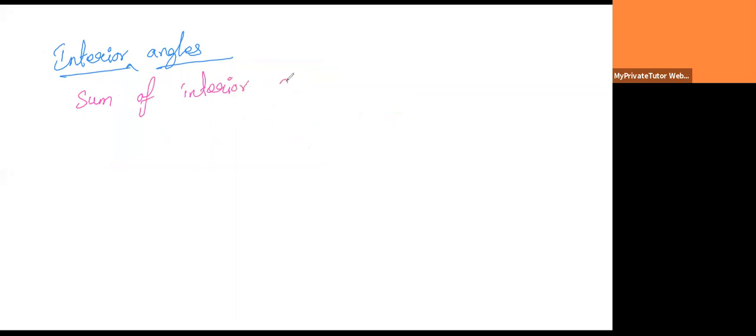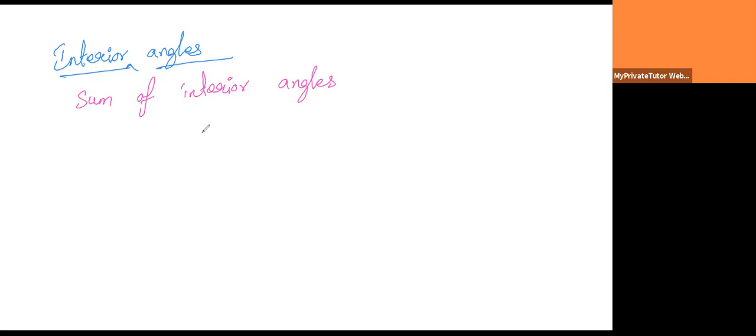Okay, just a second. We were talking about interior angles, which are the angles inside a shape. In any 2D shape, how do we find the sum of interior angles? For example, if I ask what is the sum of interior angles in a triangle, you know that it is 180.